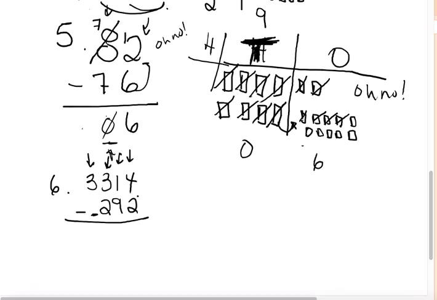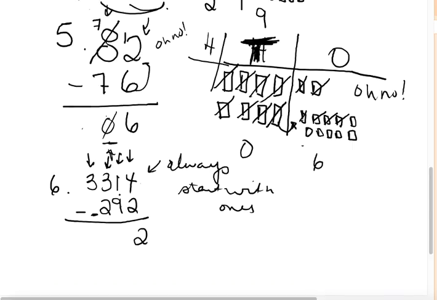So we start subtracting, always with the ones. So we're starting with our ones. 4 minus 2 is 2. Now we move over to our 10s. 1 minus 9, can I do that?